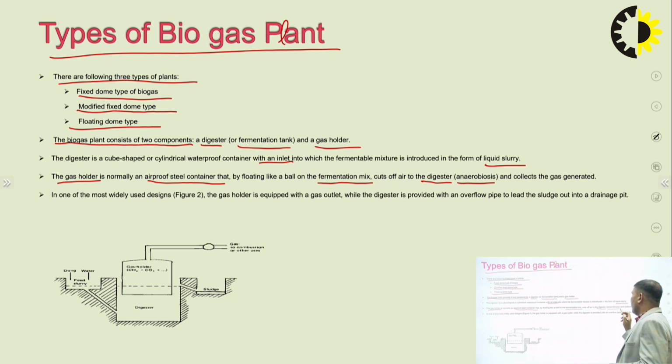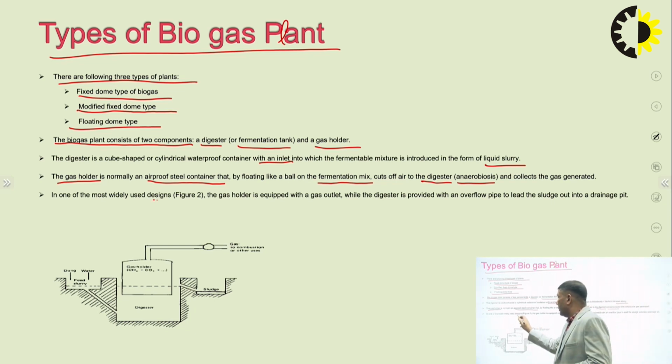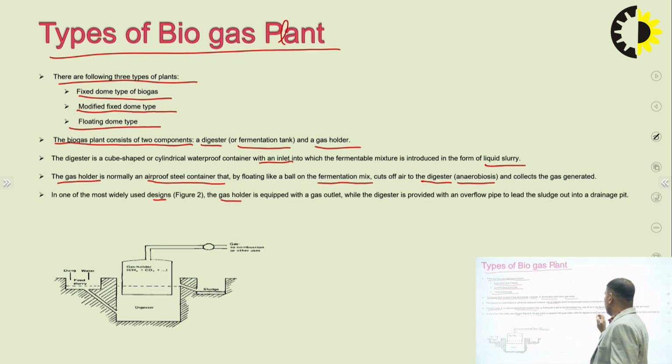This is an anaerobic process, and it collects the gas generated. In one of the most widely used designs, shown in the figure below, the gas holder is equipped with a gas outlet, while the digester is provided with an overflow pipe to lead the sludges out into a drainage pit.